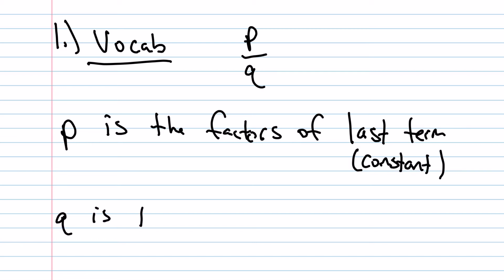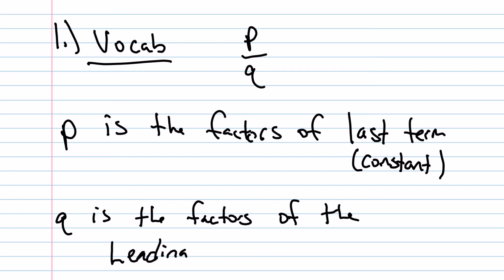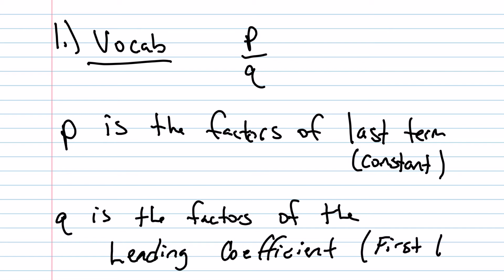Q is the factors of the leading coefficient. And sometimes we say that's the first number you see. Okay.